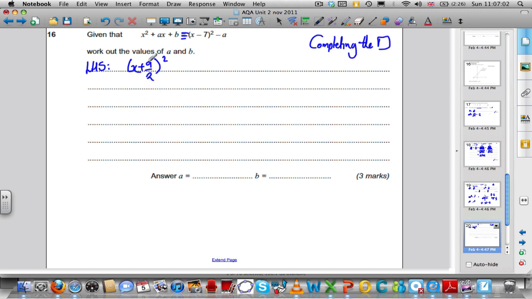You square this number in your head and you subtract it. So a over 2 times a over 2 is a squared over 4. So you subtract a squared over 4 and you plus your remaining number. And all of that is identical to the right hand side, which is x minus 7 squared minus a.